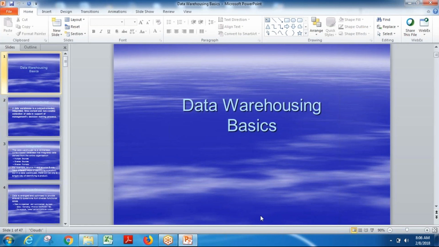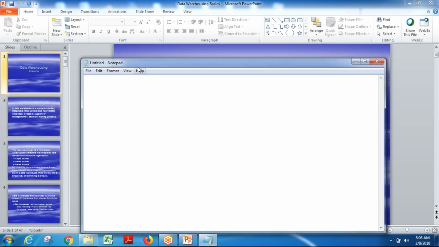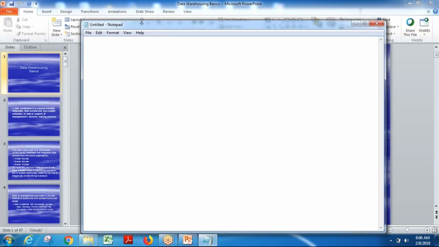Right. So, as we understood from the demo class, the data warehouse is the collection or integration of data from the different transactional systems, which is actually being used for analysis purposes. That's called a data warehouse. So in layman's terms, a data warehouse is nothing but a database.